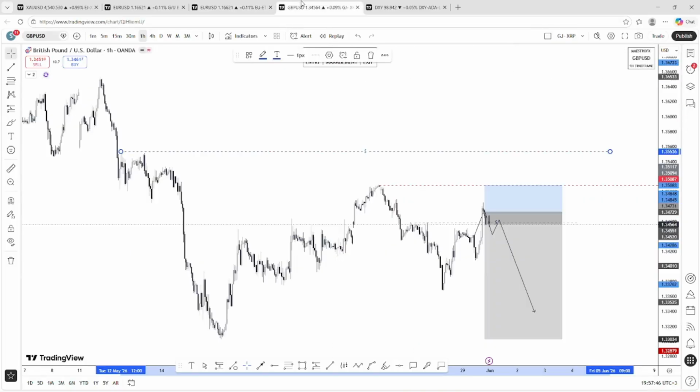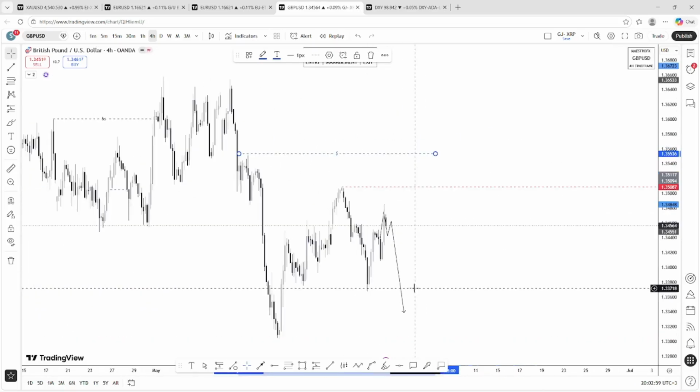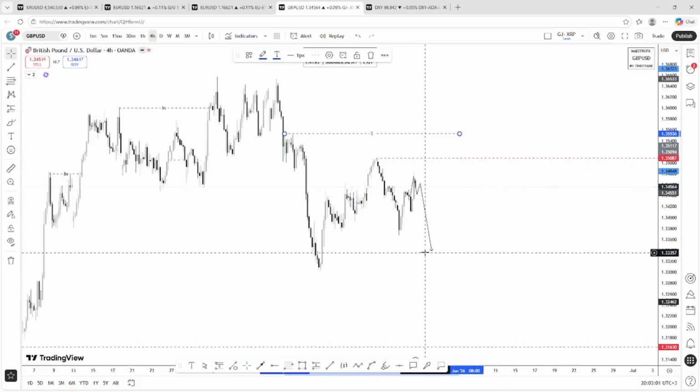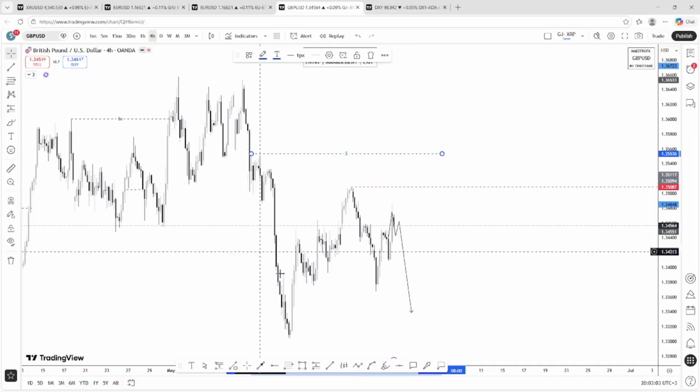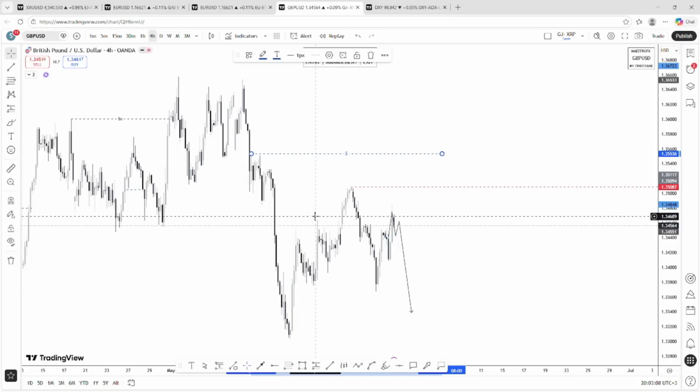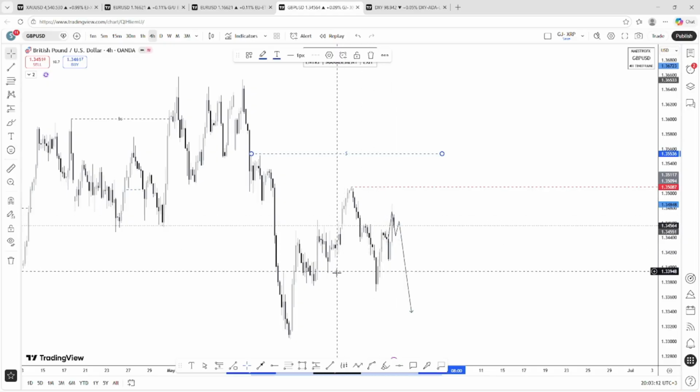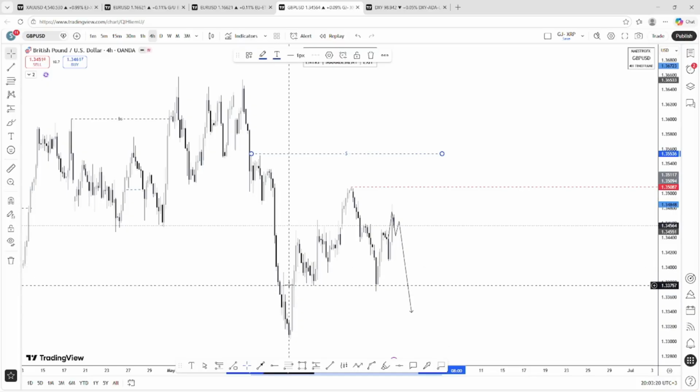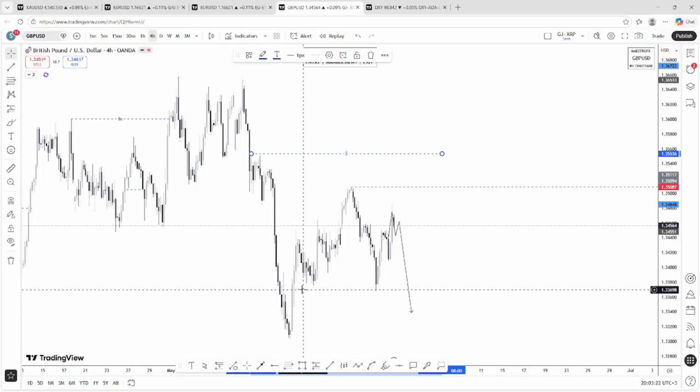Let's look at GBP/USD. As you know, the pound has been weak because of its political landscape, the ongoing uncertainty and the loss of faith in their duty bearers, specifically their prime minister.